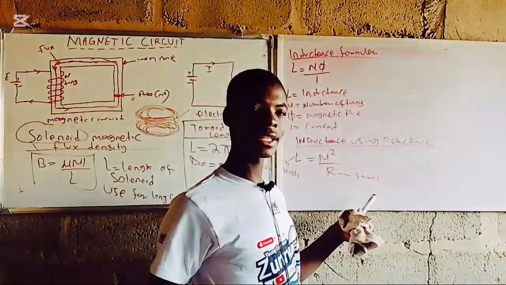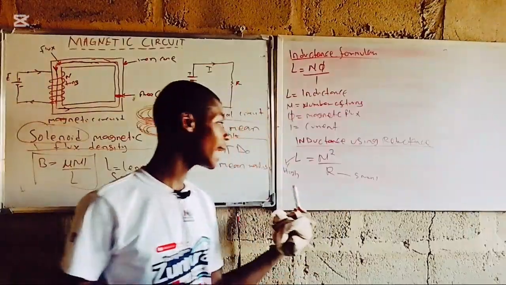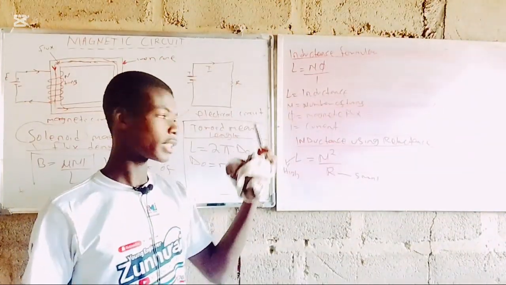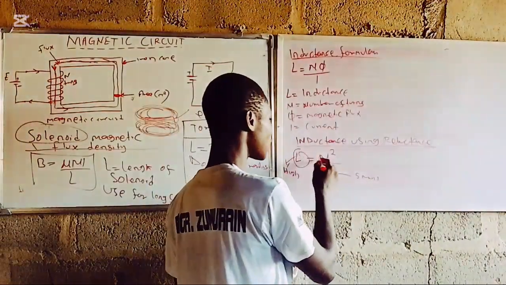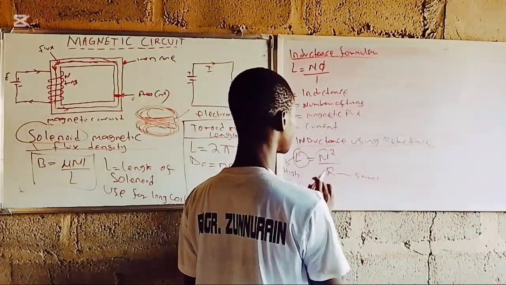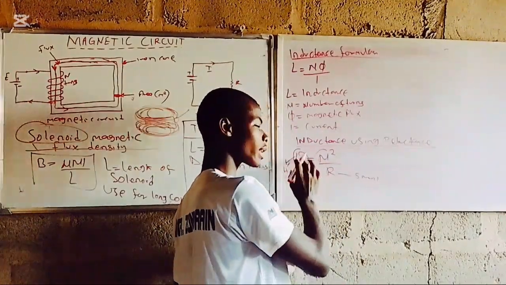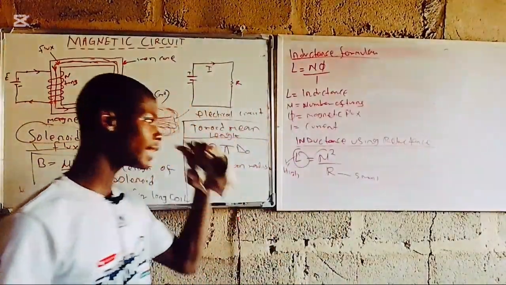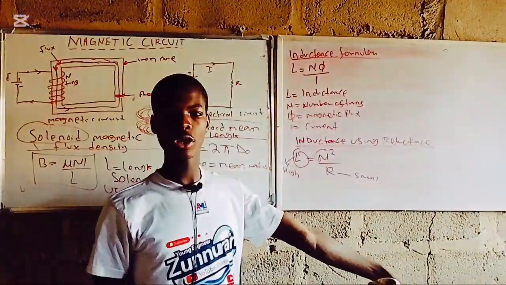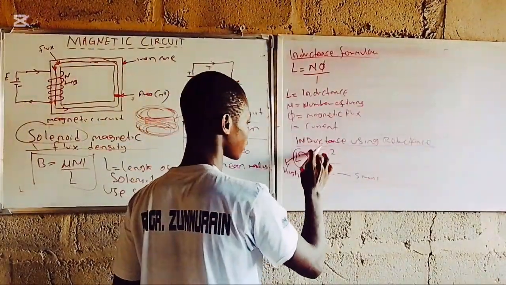The smaller the reluctance, the higher the inductance. This is the inductance, this is the number of turns, and this is the reluctance.